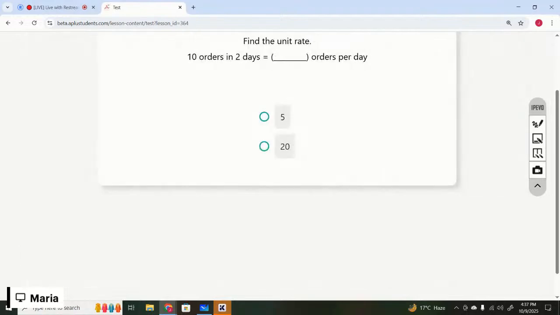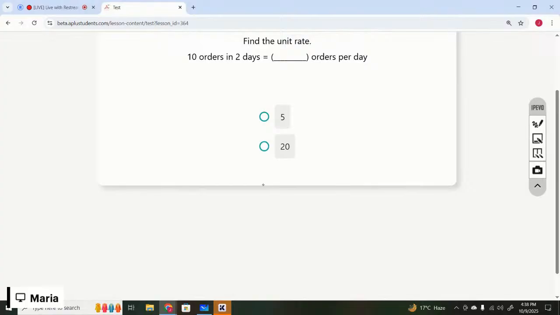Option number 1 is the correct option. Find the unit rate, 10 orders in 2 days.